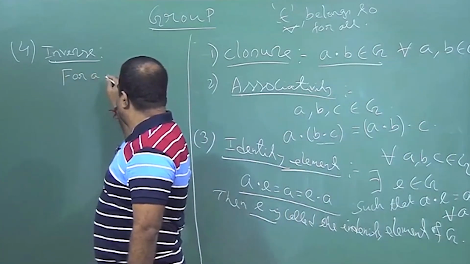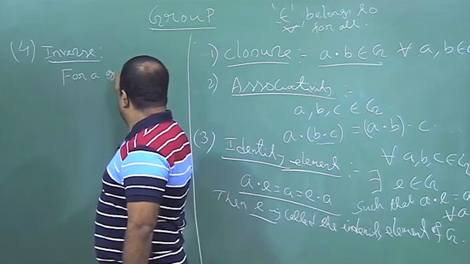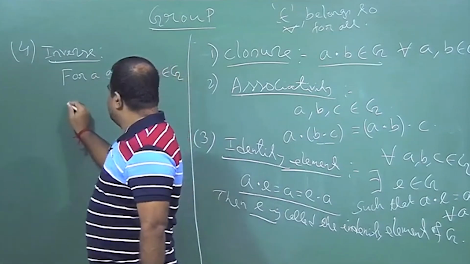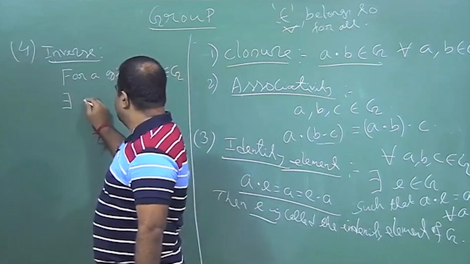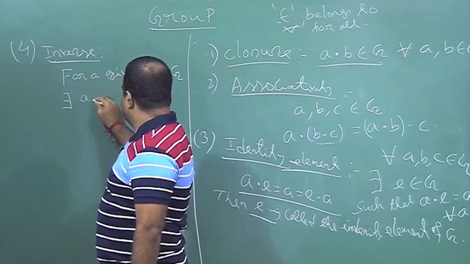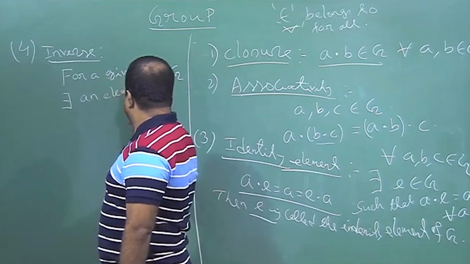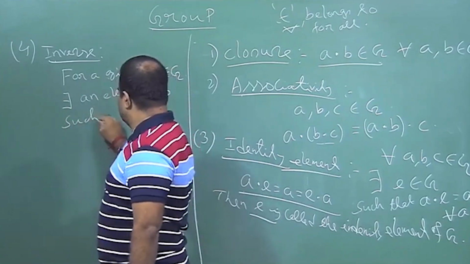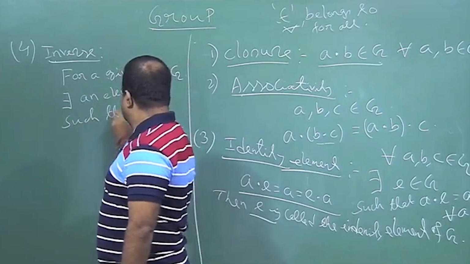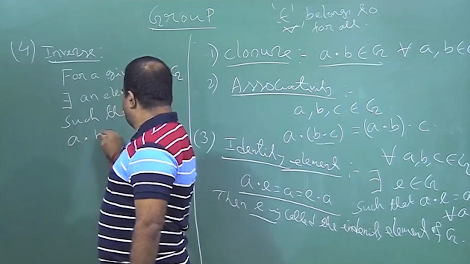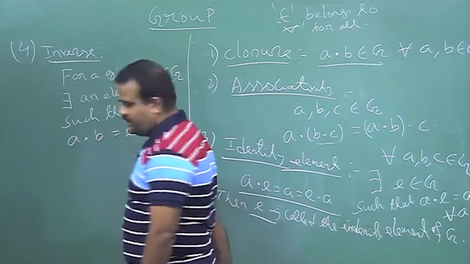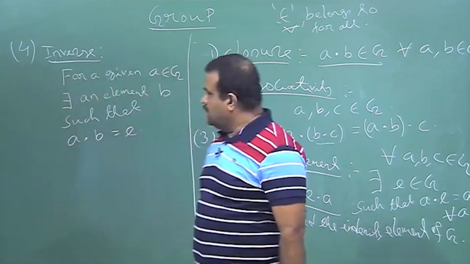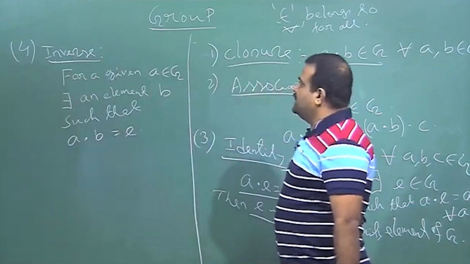For every element, for a given element A, there must exist an element B such that A dot B must give the identity.